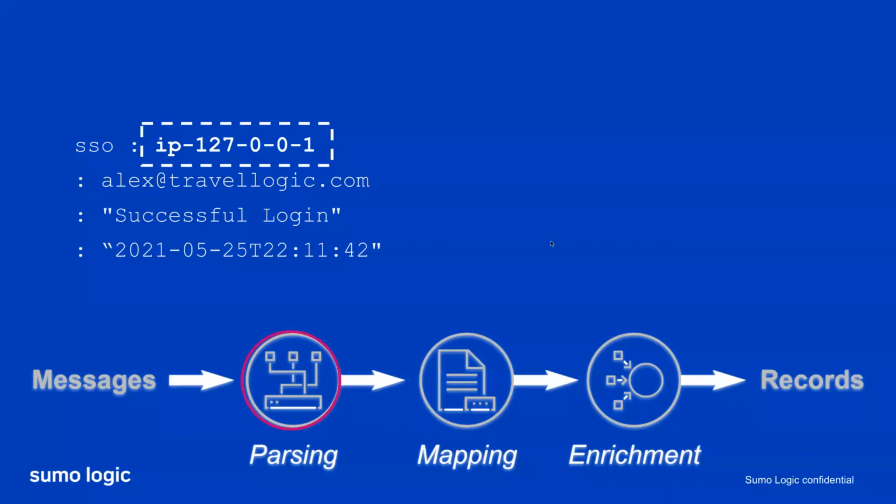Now this process is also going to fix basic formatting. This step is really going to create semi-structured data. So for example, here we have the value IP-127-0-0-1.